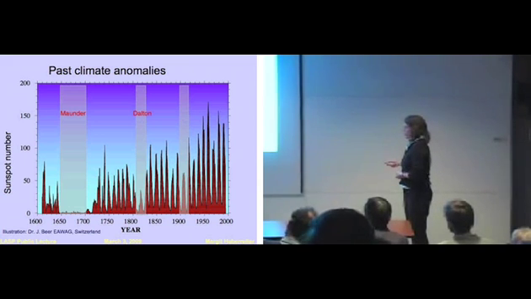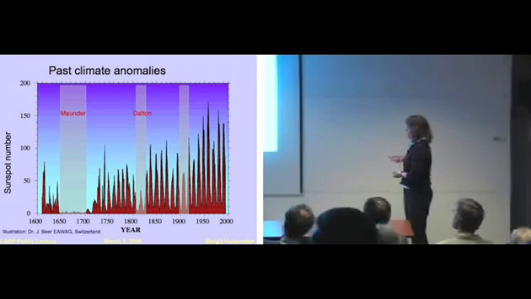But as you can see, we have areas where we have almost no solar activity, and also some other areas that show kind of a minimum compared to the peak values of the other solar cycles.